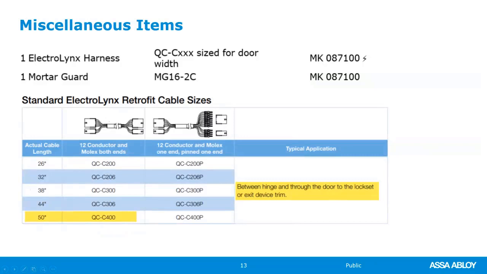The symbol, the little flash symbol, anything with the flash symbol, if Assa Abloy wrote the specification, this indicates that it's an electrified hardware item, and it's still provided in this section, but it helps flag the GC and the architect to know this is an electrified item.